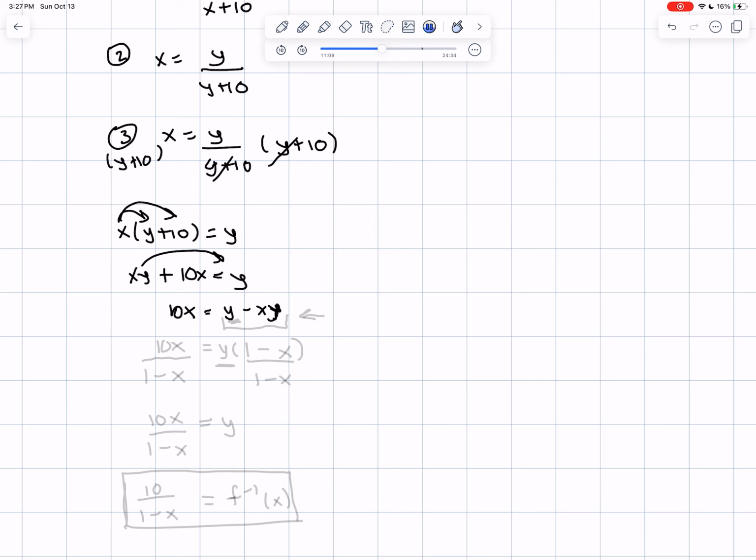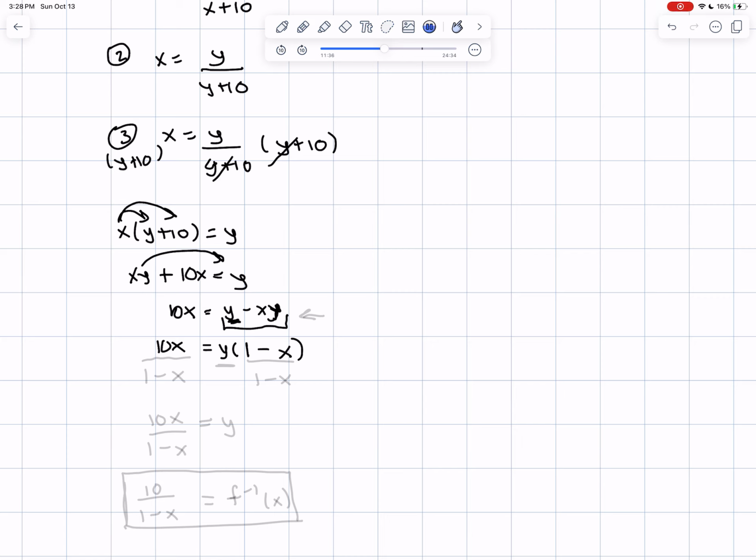So now what can I do? Well, an easy way to simplify this is to factor out the y. When you factor out a y, the y gets taken out. So it's y, and then what's left behind is 1 minus x. There's a 1 that replaces the y position, and the x is what's left behind. And then you get 10x. And then what?